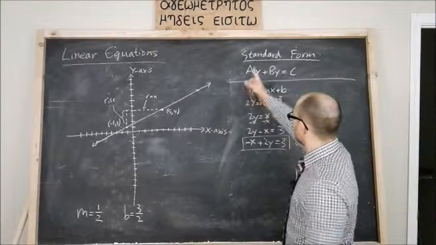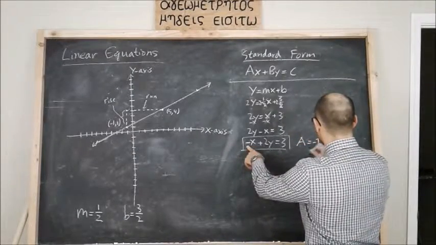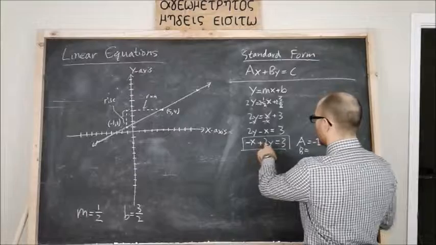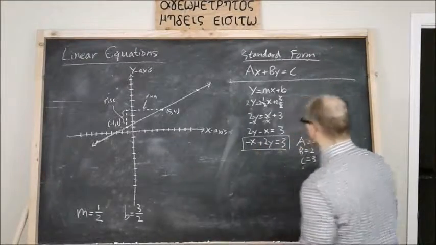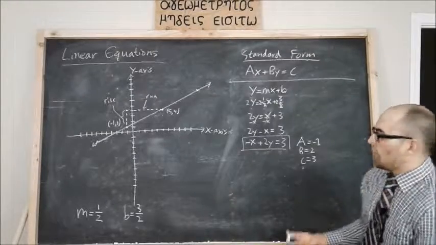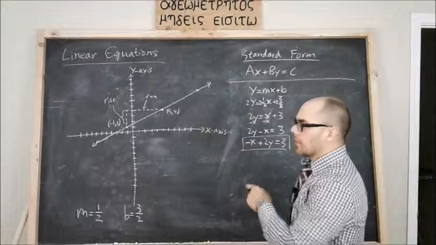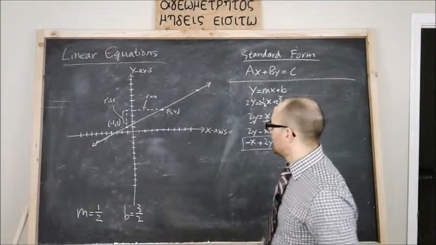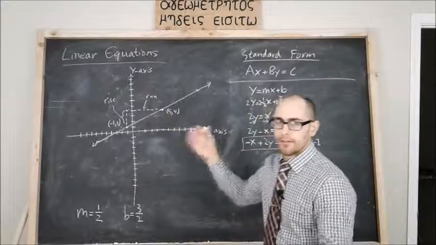A, corresponding with the x, is a -1. B is a 2. And then C is a 3. Now, why do we have all these different forms? Point-slope form is useful when you're given two coordinate pairs to find a line.